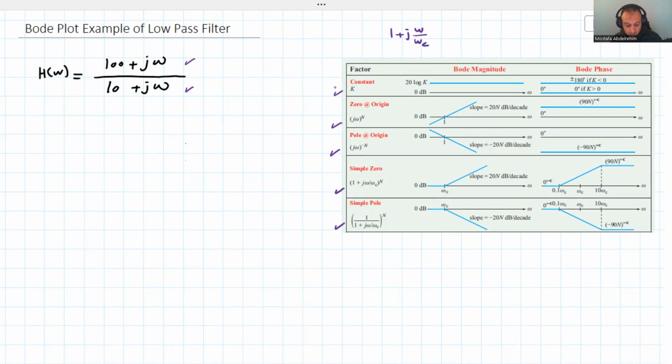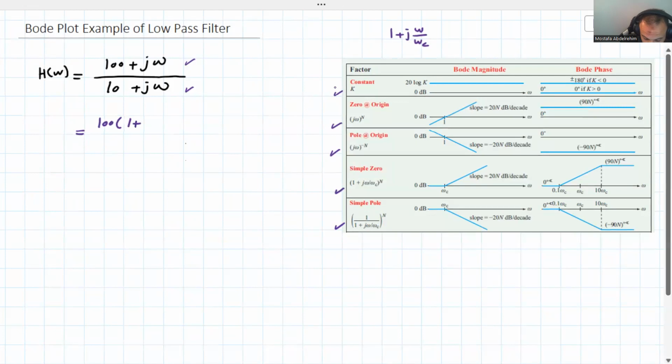We're going to transform each term in the numerator or denominator into something like 1 plus j something. In order to do that, we take 100 as a common factor from the numerator. This gives us 100 times 1 plus j omega divided by 100.